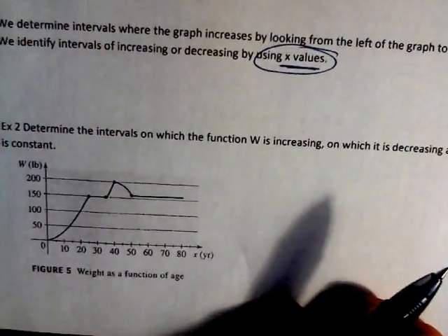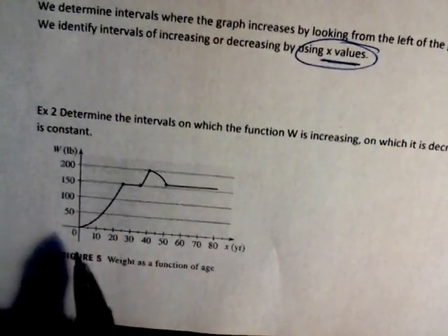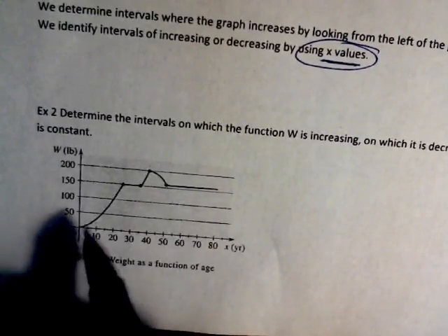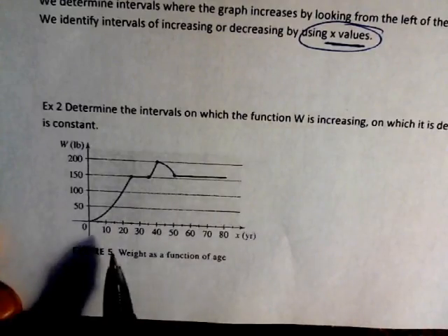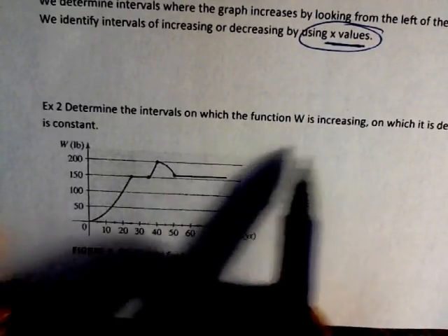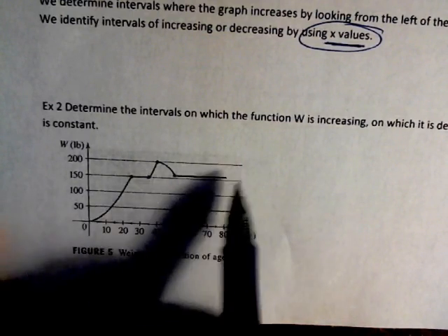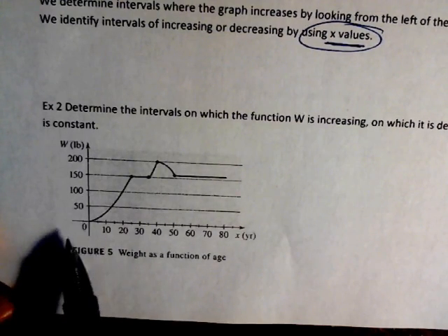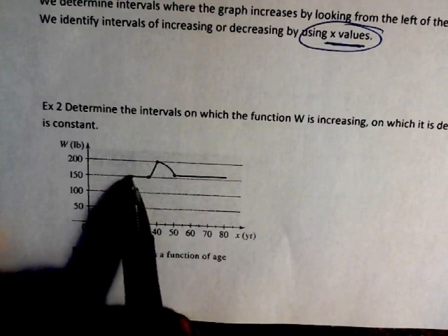All right, so this is one of my examples I pulled out, hopefully to give you some concrete measurements other than just x's and y's or 2's or 3's. But we want to look at where this graph is increasing, decreasing, and where it's constant. So you look at someone's weight: when you're starting at birth, your weight increases.